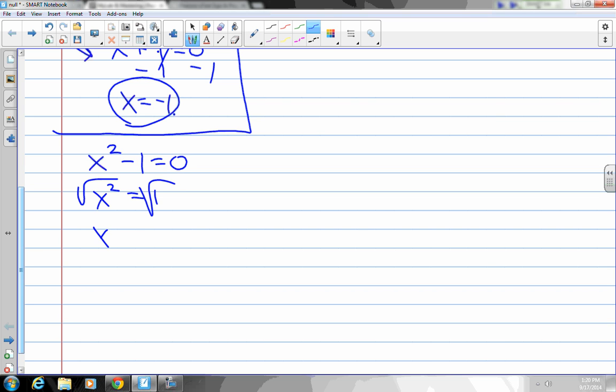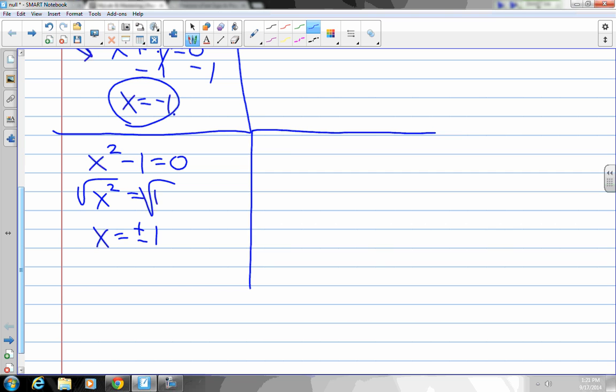So x equals, what's the square root of 1? 1. But you need to remember to do plus or minus, because there are two numbers that are going to come out of that. We're still relatively happy with it. We haven't reviewed that yet, but this will happen in chapter 3, the deeper review of how to solve quadratic equations, but we're still happy. Positive 1, negative 1, numbers that we've already invented. We don't have to do anything else.